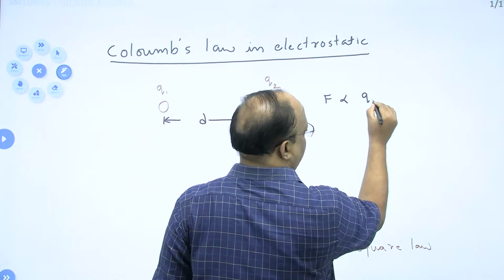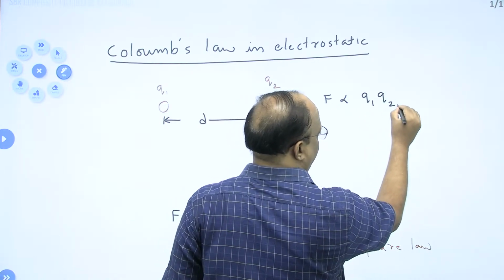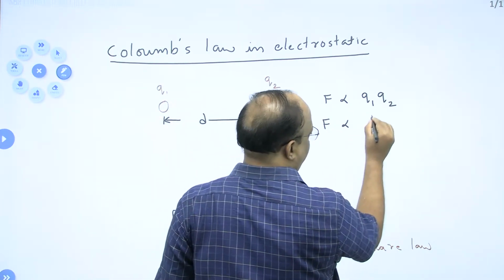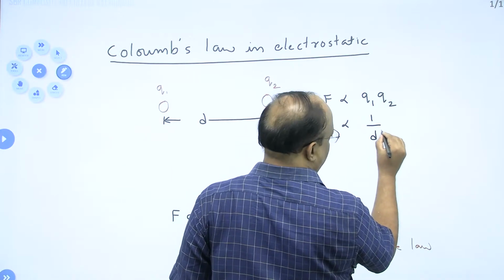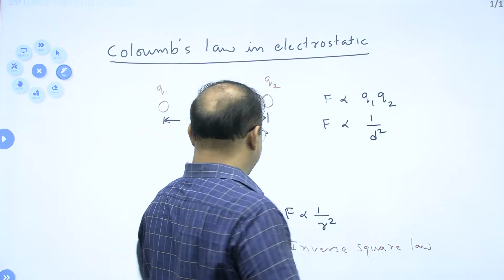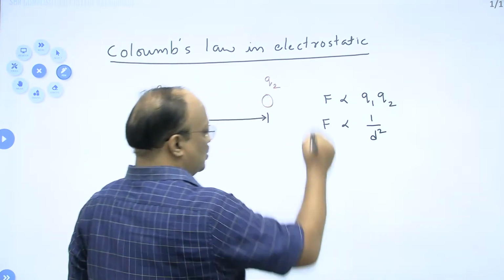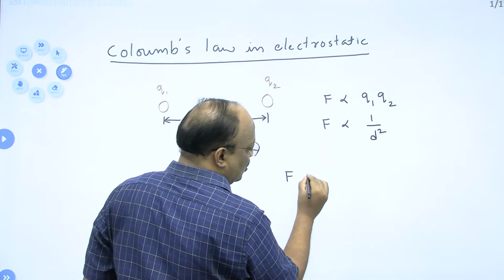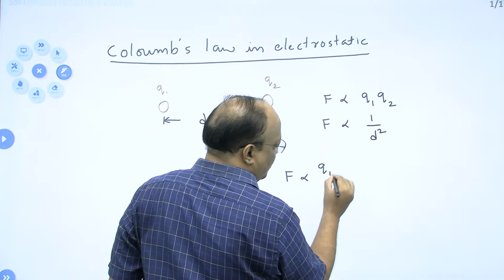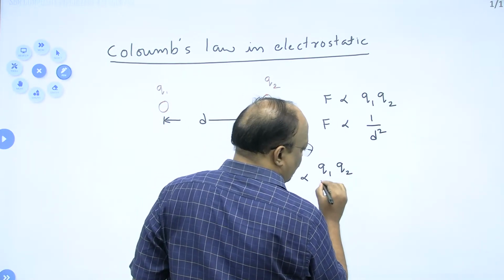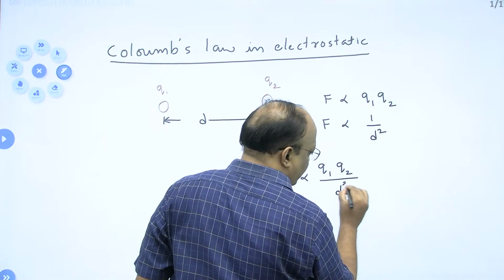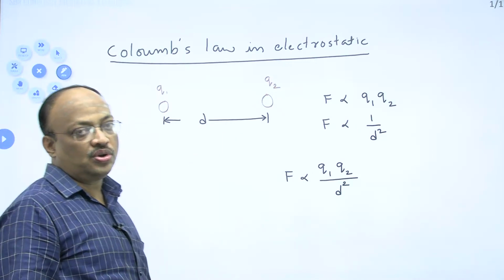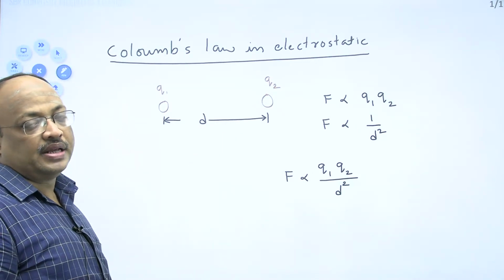Force is directly proportional to Q1 and Q2, and inversely proportional to the square of the distance between them. Combining these, I can write force is directly proportional to Q1 into Q2 by d square.